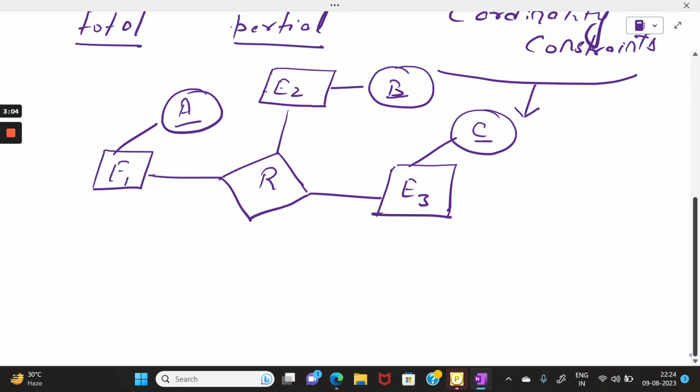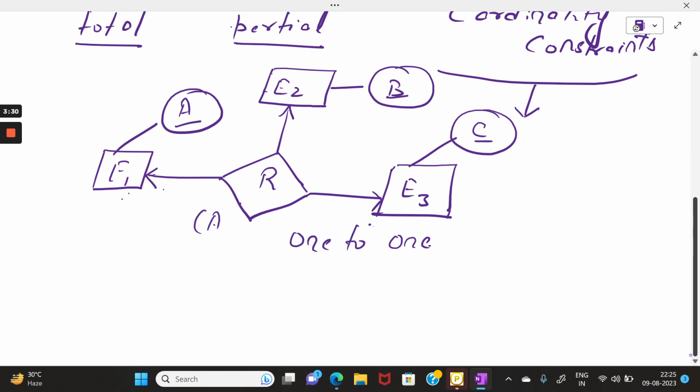Now this R is a one-to-one mapping for all. It means that one entity of E1 is related to one entity of E2, and so is E3. One-to-one is usually for binary, but here we have a one-to-one mapping for all these relationships.